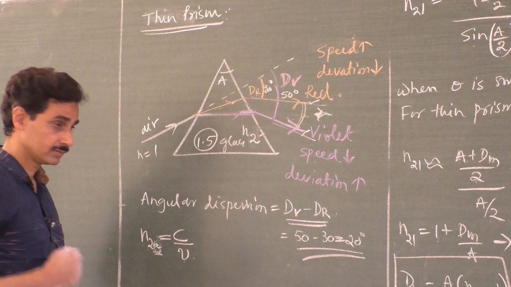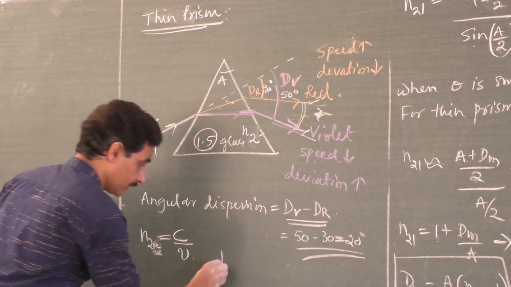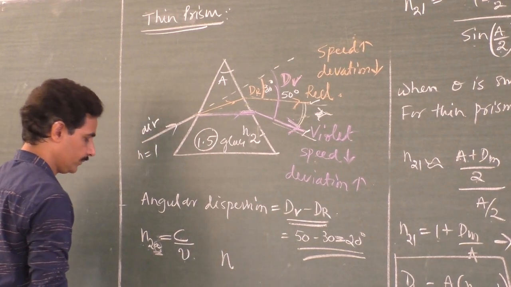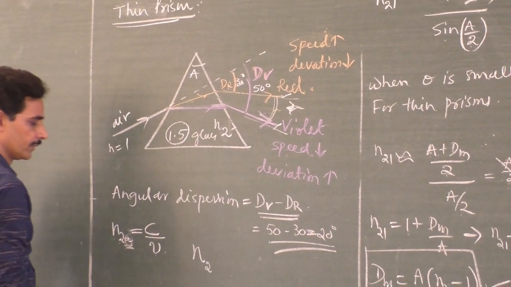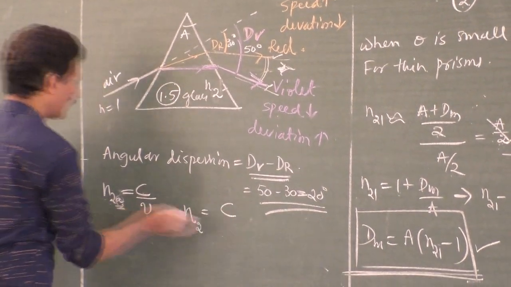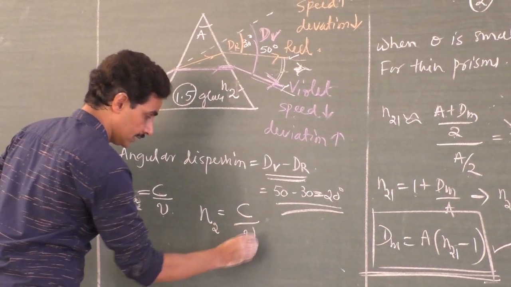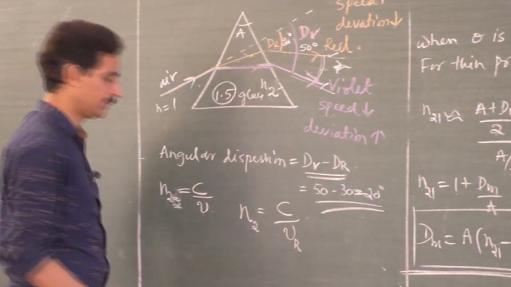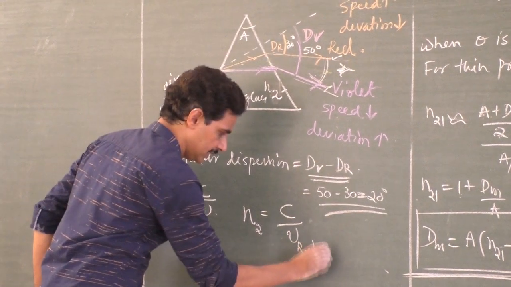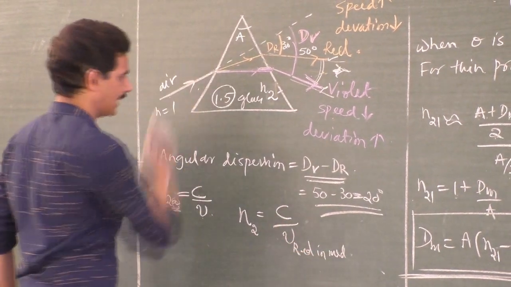If you ask red color, it will say, sir, refractive index of that medium, say second medium, is velocity of light in air, my velocity in air, divided by my velocity in the medium, velocity of the red color in the medium. Say glass.